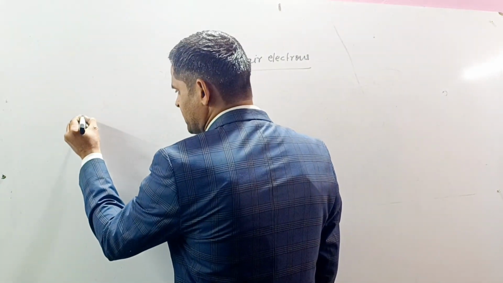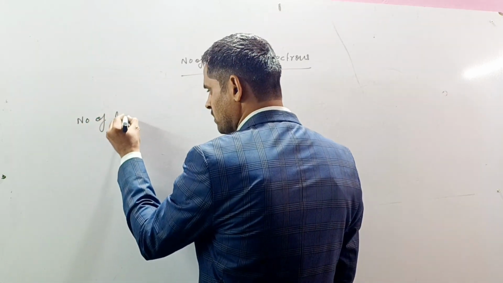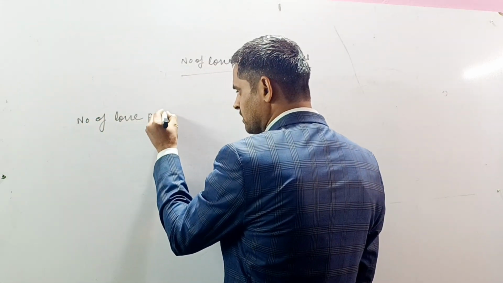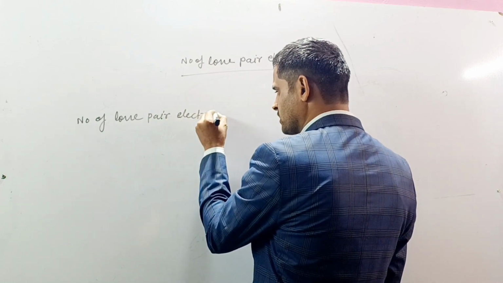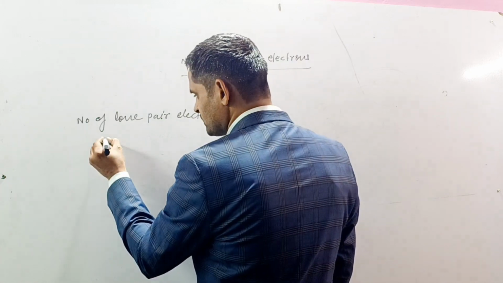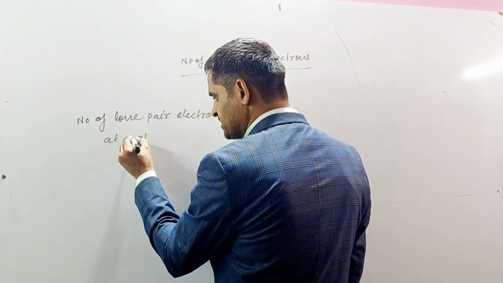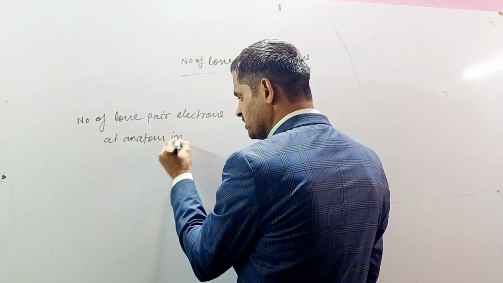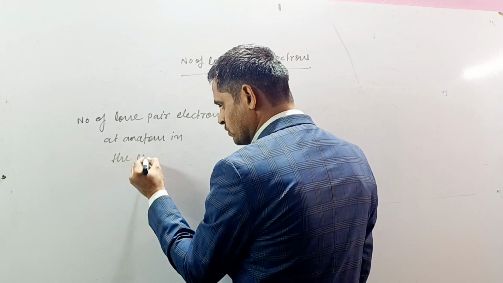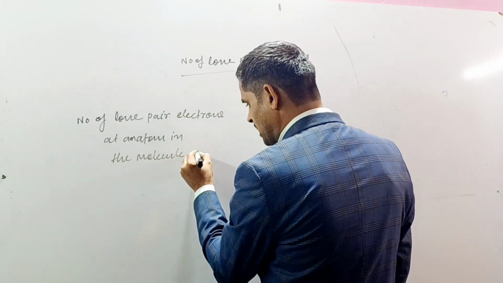We can write it this way: number of lone pair electrons at an atom in the molecule or ion.